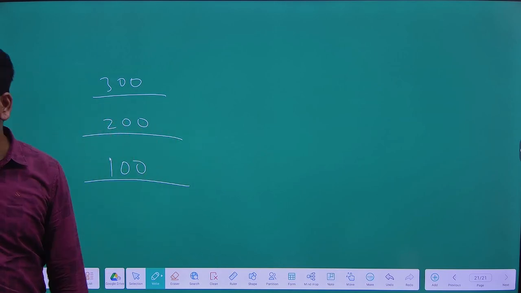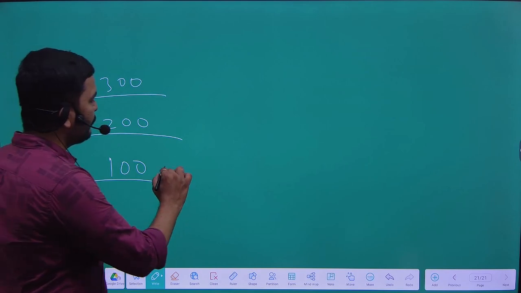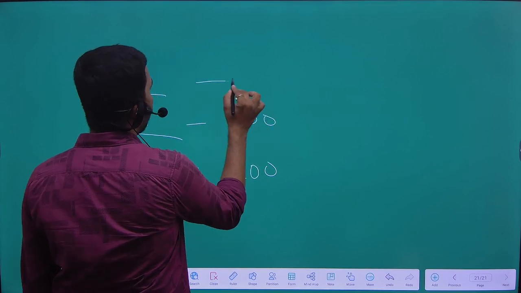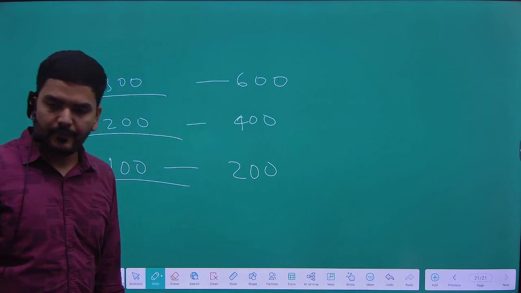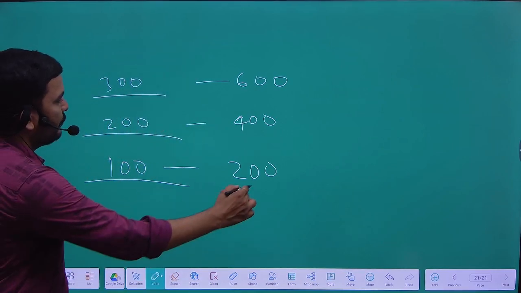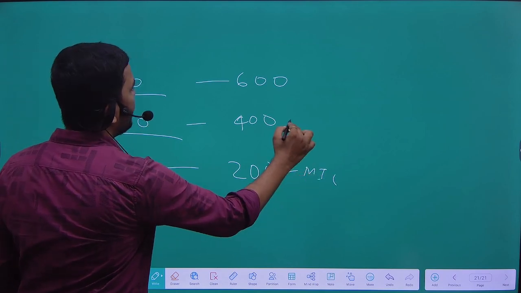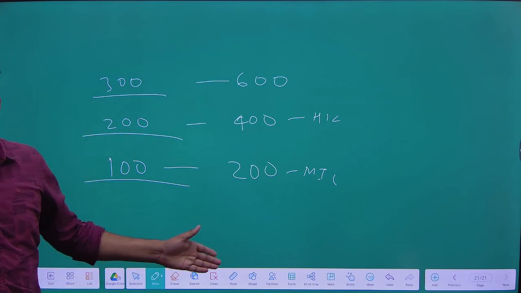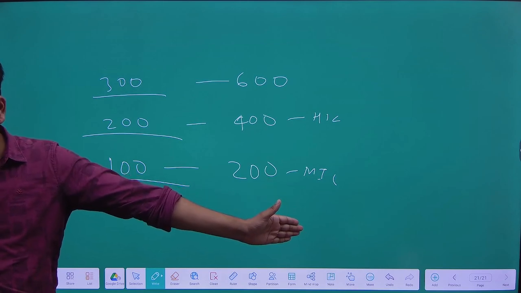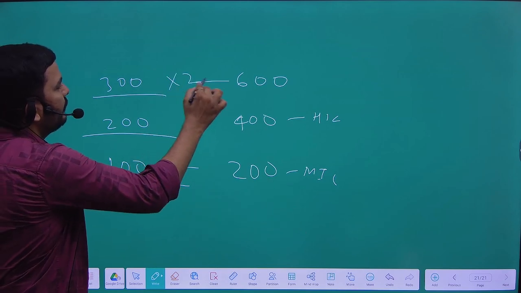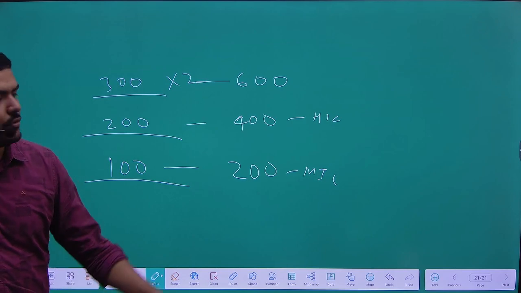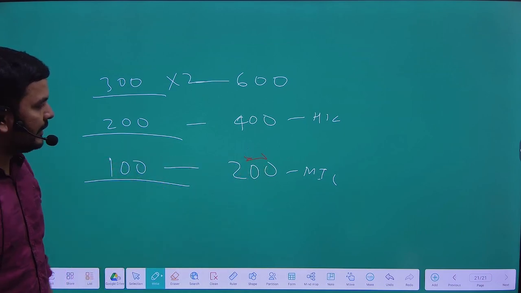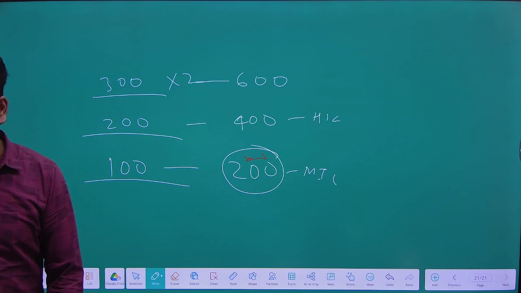If the income of all of these is increasing, let's say it has become 200, it has become, say, 400, and it has become 600. If the scale were the same, this would become a middle income country, this would become a high income country, right? But on a relative level, they are again the same, just twice of this only. So now if you compare all these three, again it is the least one. Getting this thing?